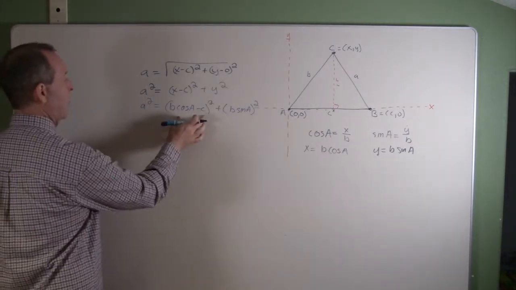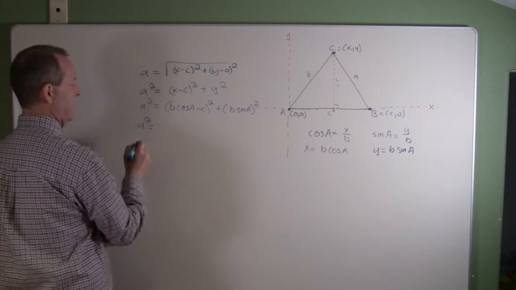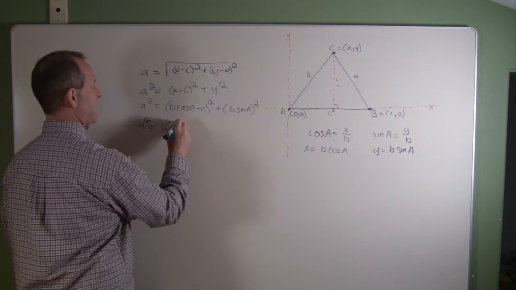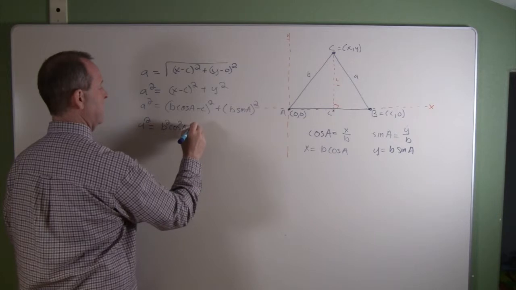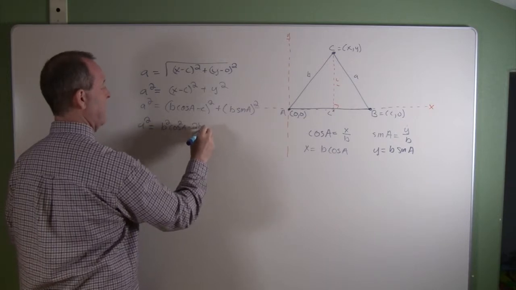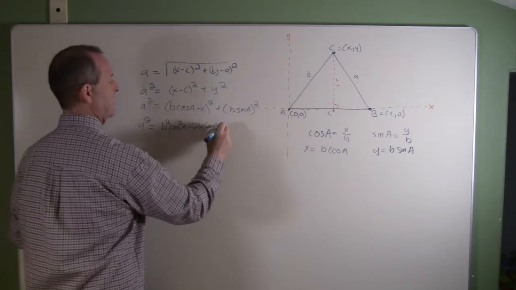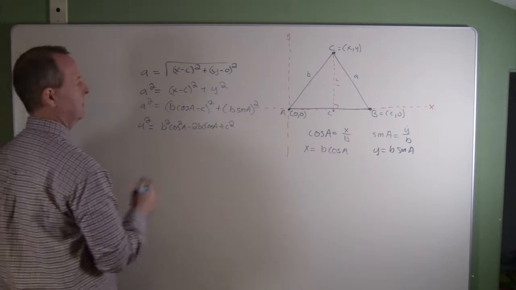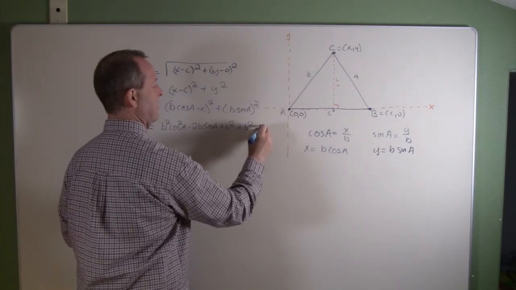Let's square this term right here. It's going to get long here. So I have b squared cosine squared of A, minus 2 times b times c times the cosine of A, plus c squared. That was multiplying that times itself, plus b squared sine squared of A.